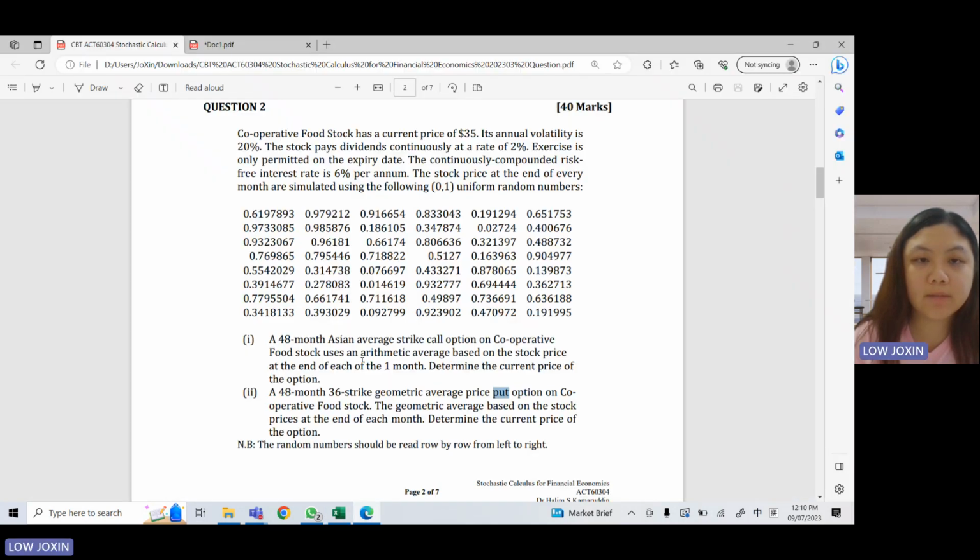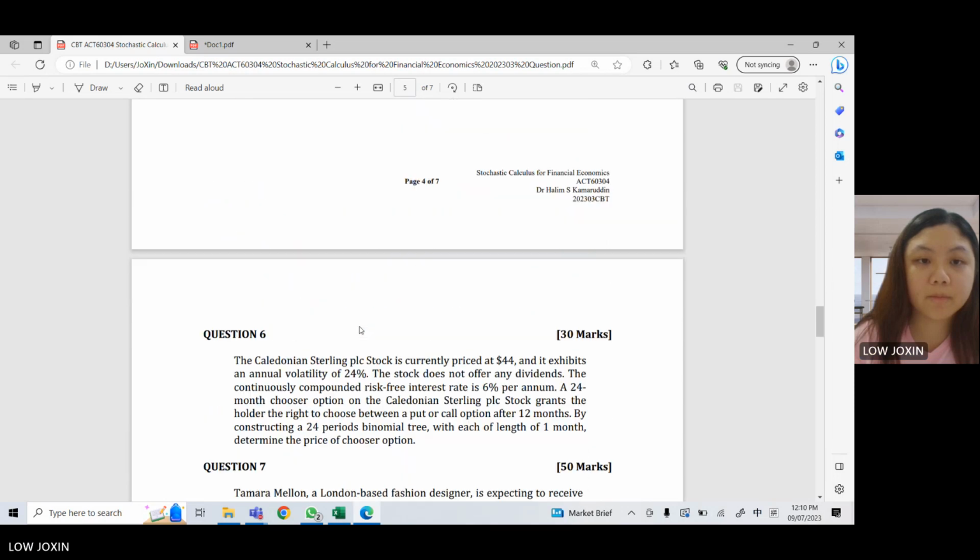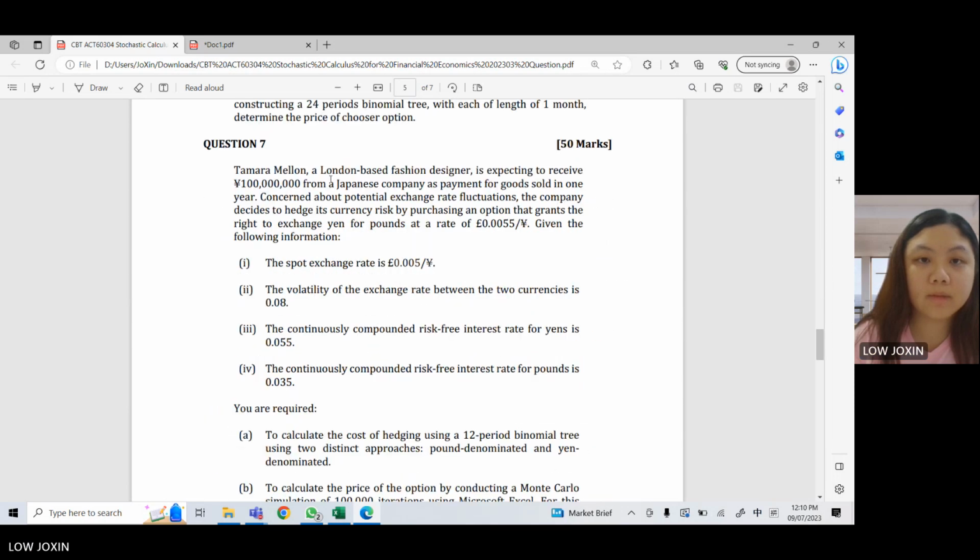And for question 7, a London-based fashion designer is expecting to receive 1,000 million yen from a Japanese company as payment for goods sold in 1 year.